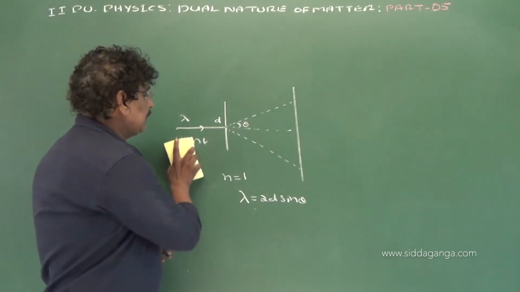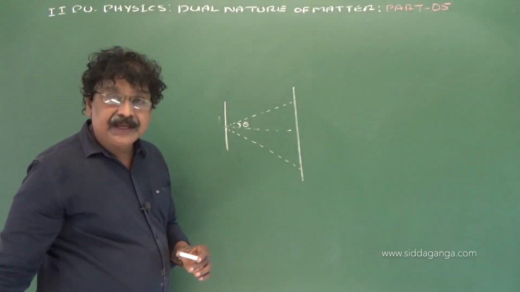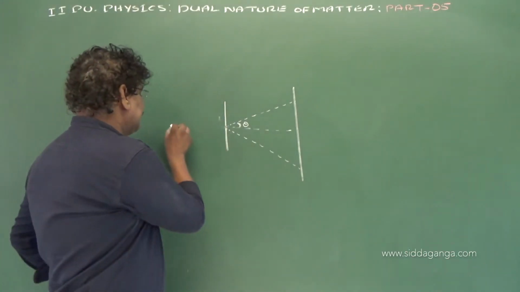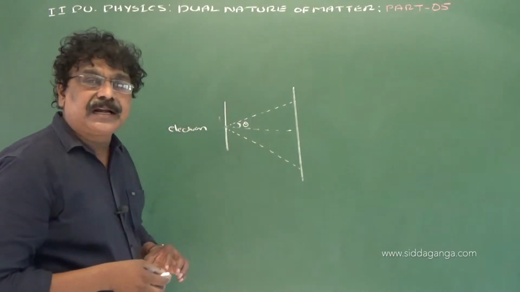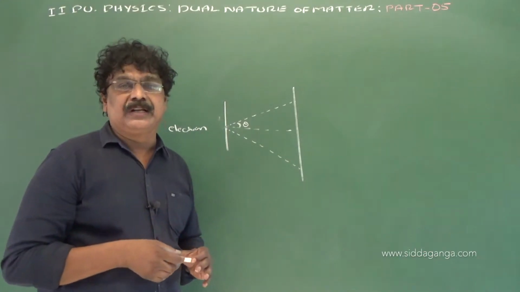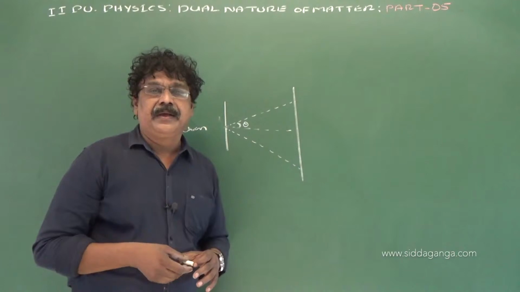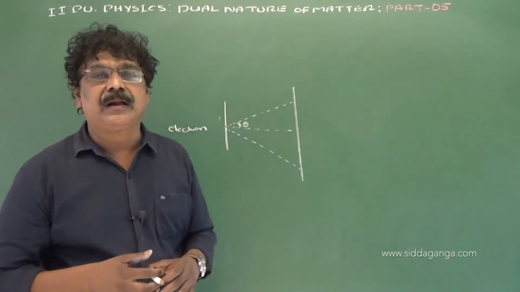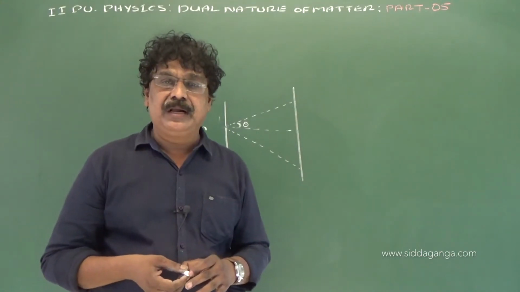So suppose instead of light, we use electrons, accelerated through a certain potential difference, because an electron is a charged particle, we can move a charged particle only in an electric field, that is by applying a potential difference.